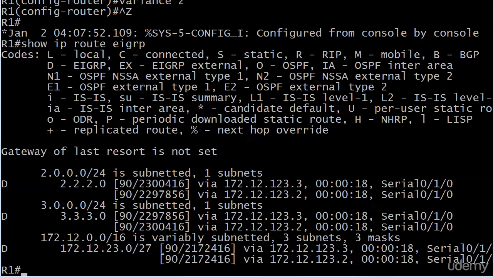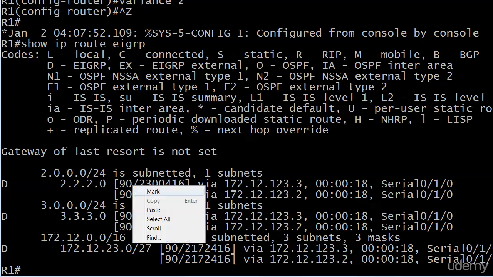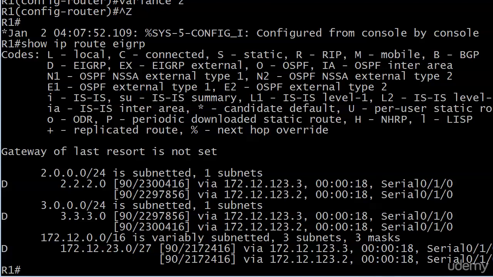It's not going to trigger updates, but here it's already worked for us beautifully, and we love that. We'll take it anytime we can get it. And note again that the metric of the feasible successor did not change. That's a very important point, and I know I've said that twice, and there's a reason. Because people do tend to think, well, it changes some route metrics.